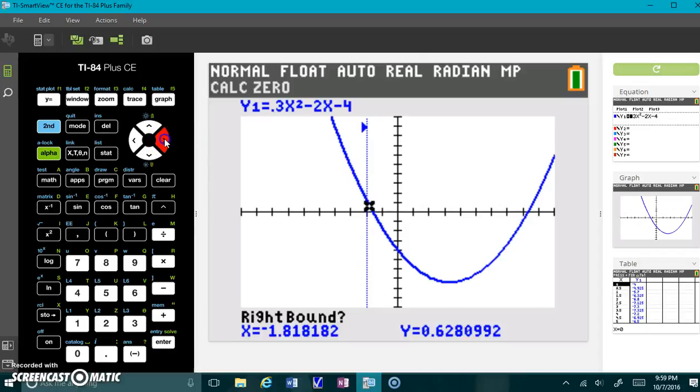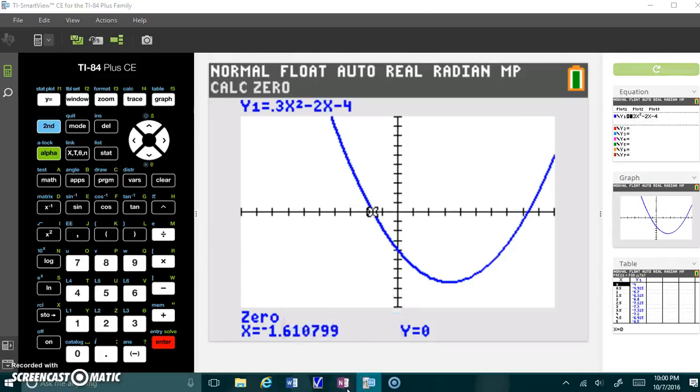And then the calculator is asking me for a right bound. And then what happens is once you give it a right bound, it's using the intermediate value theorem properties to narrow in on the actual x-intercept. And if I did another function, I could find the intersection point. But that's why it asks for a left and right bound. It uses the IVT to narrow in on the actual solution.